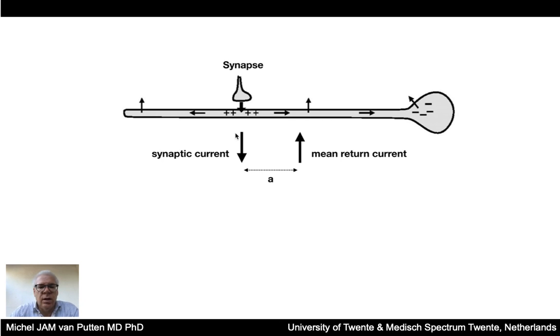So one is either the source or the sink, depending on whether the synaptic current is excitatory or inhibitory, and the mean return current, which is an average of the return current, is typically at a particular position with a distance a from the synaptic current, and thus a very small current dipole is generated.